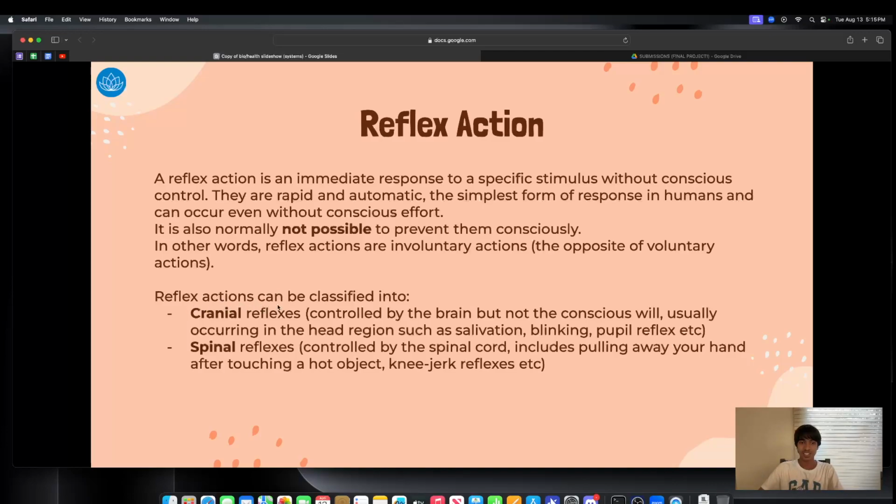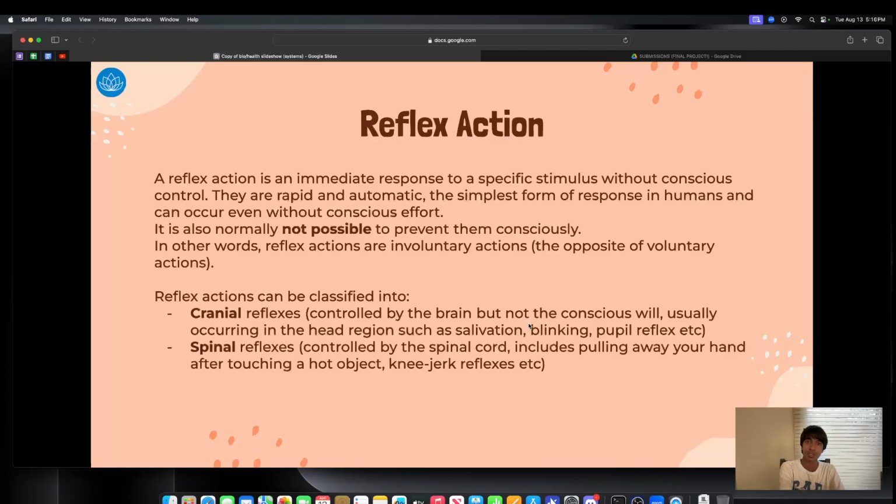So reflex actions can be classified into cranial reflexes controlled by the brain but not the conscious will, and usually occurring in the head region, such as salivation, blinking, pupil reflex, etc. And then spinal reflexes controlled by the spinal cord include pulling away your hand after touching a super hot object, knee jerk reflexes, etc. Like, if you touch something super hot, it's not like, oh, I think this is very hot, I'm going to move my hand away from it, right?